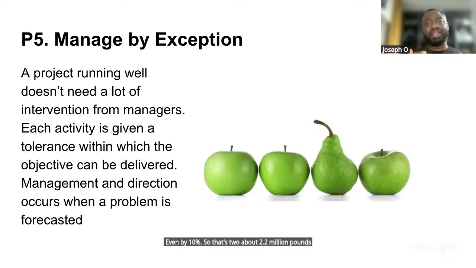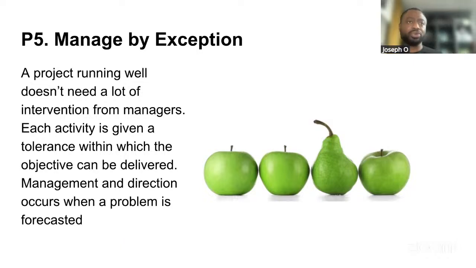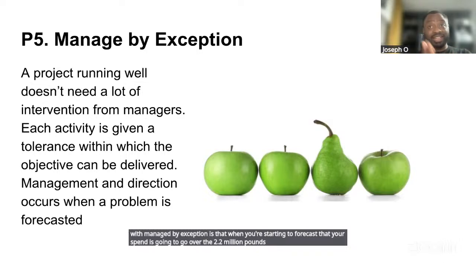The idea with managed by exception is that when you're starting to forecast that your spend is going to go over the £2.2 million, not when you've gone over it, but when you're forecasting that you're going over that amount, maybe in the next 3 months or 5 months, that is when management needs to come in and you need to flag that up.